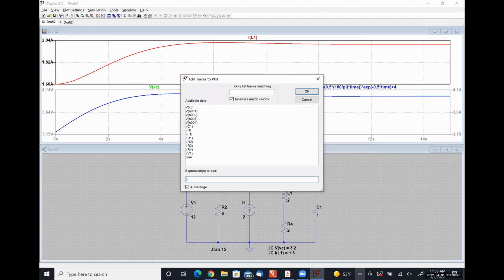So if I'm not mistaken, this was negative 0.4 times the cosine of 0.5 times 180 over pi times time, minus 0.4 times the sine of 0.5 times 180 over pi times time, close parentheses, multiplied by exp of negative 0.5 times time, plus 2.